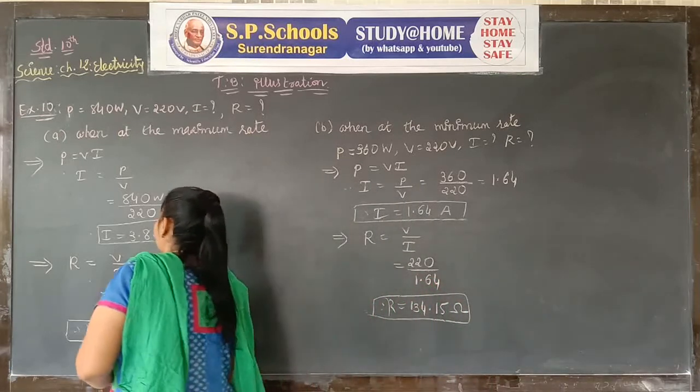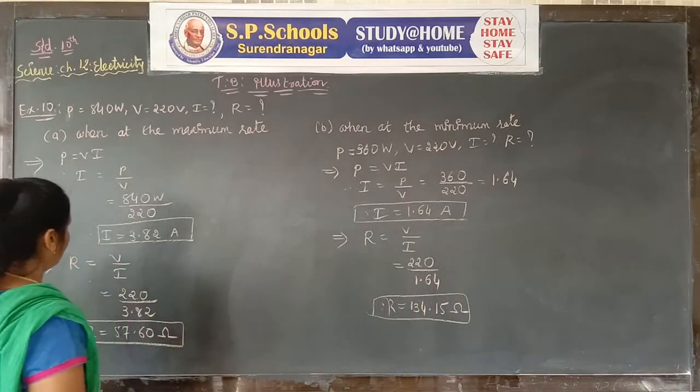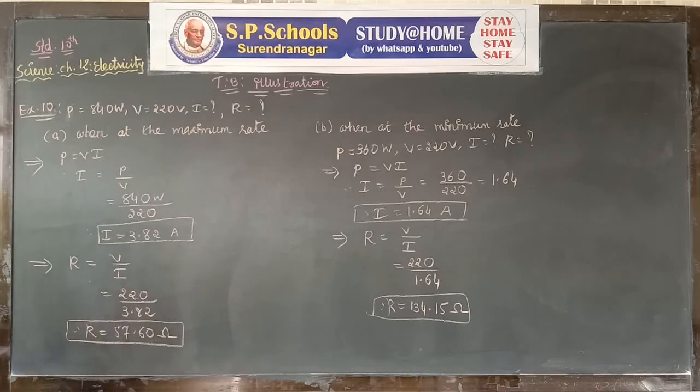So we found the current and resistance in both cases. In the first case, the current is 3.82 ampere and the resistance is 57.60 ohm, and in the second case the current is 1.64 ampere and the resistance is 134.15 ohm.